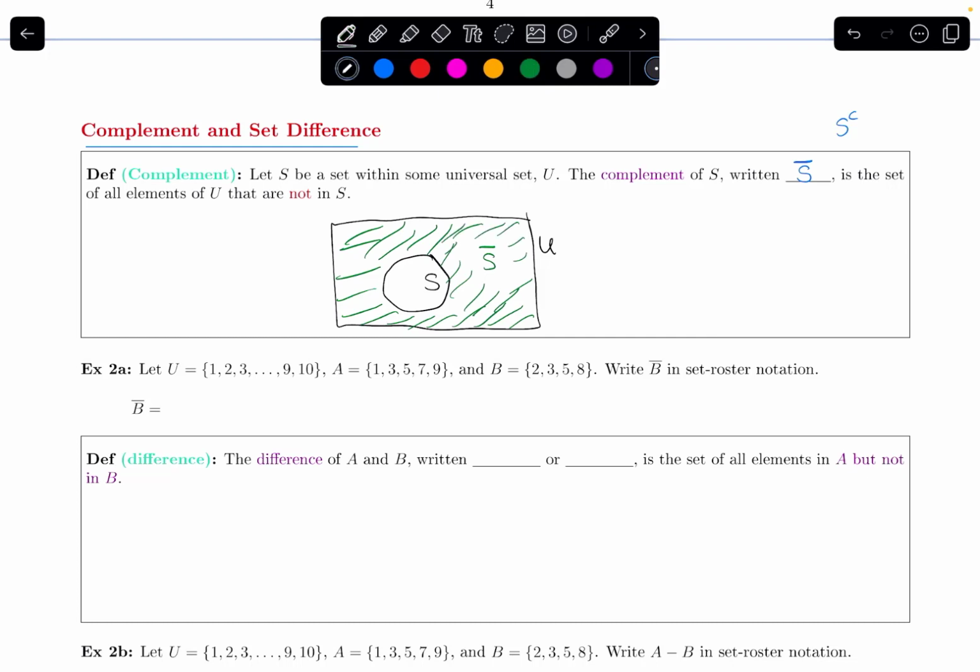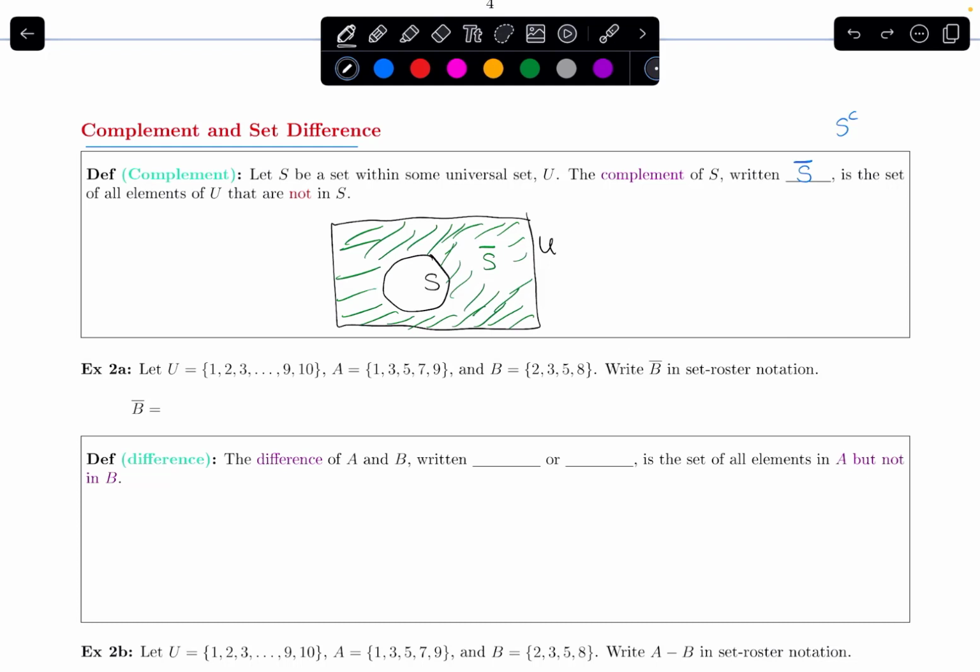As an example, let U be the universal set that consists of the integers from 1 up to 10. Let A be the set that contains 1, 3, 5, 7, and 9, and B be the set that contains 2, 3, 5, and 8. I want to write B complement in set roster notation.